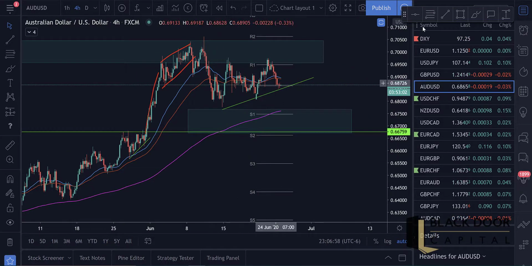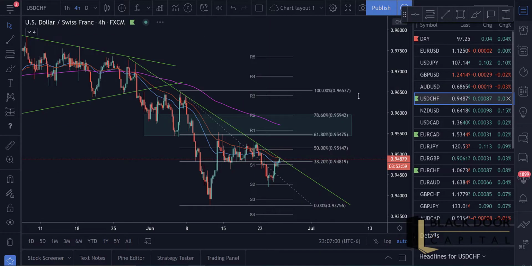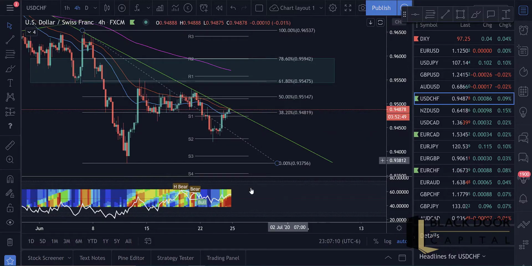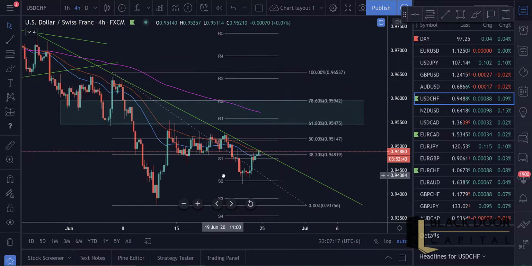I was very clear that I wasn't sure, but I did take a small bite on this one. At this point, we have price kissing that trend line again, and we have selling pressure starting to develop.